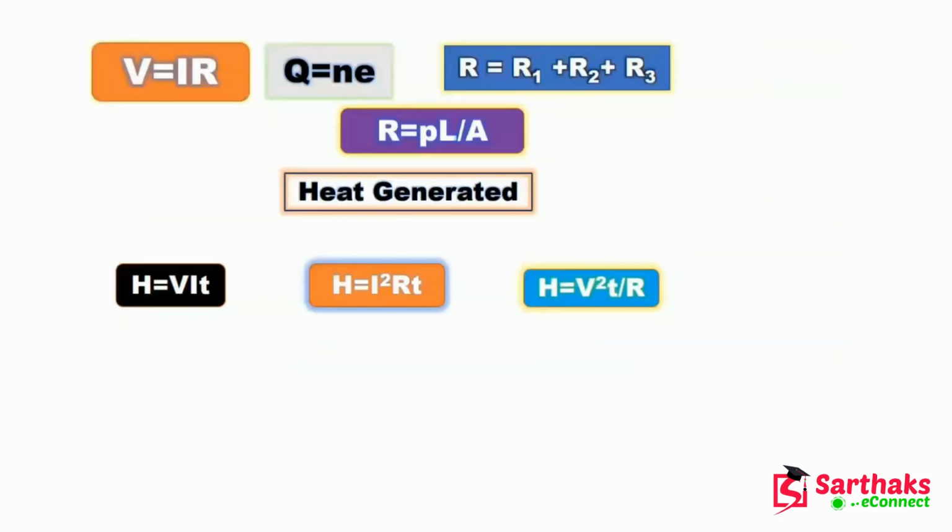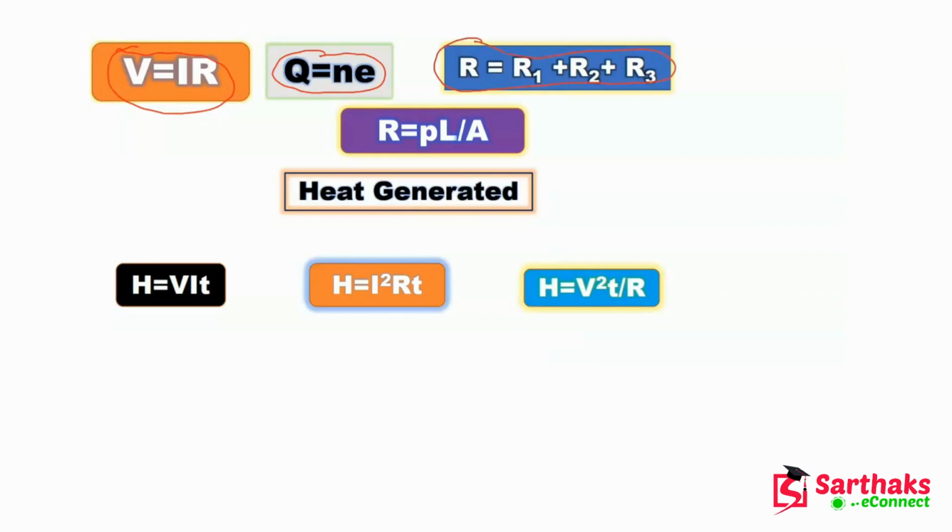Let's move on to the next slide, and let's talk about the potential, that is V. And the value of V will be IR. This is our Ohm's law. And this is Q, and its value is Q equals NE. Okay, and this is the formula of resistance. R equals R1 plus R2 plus R3.